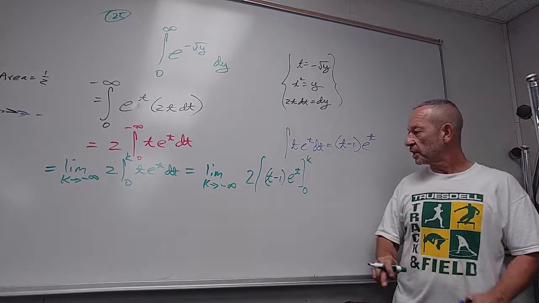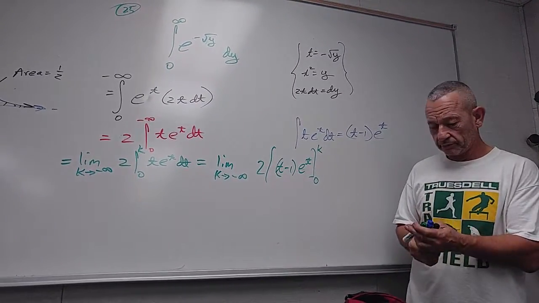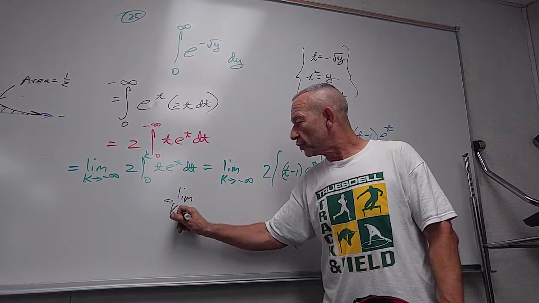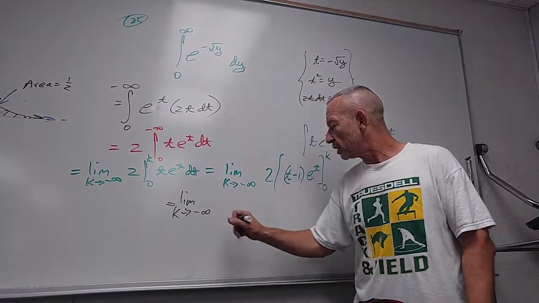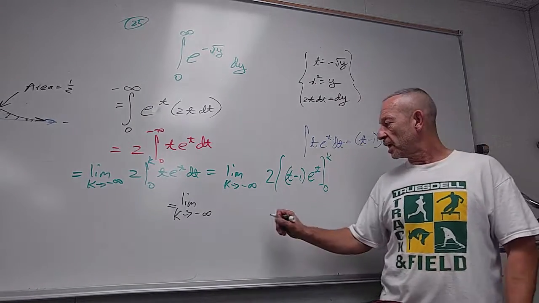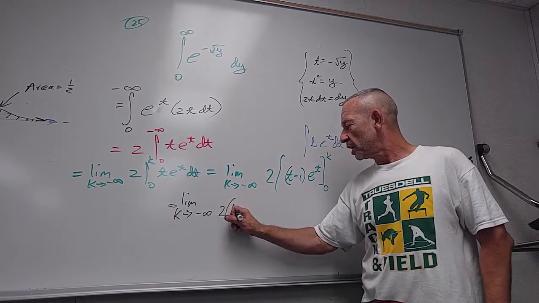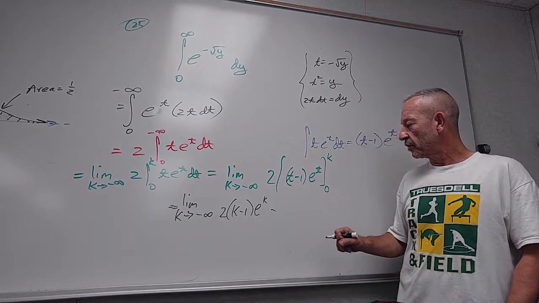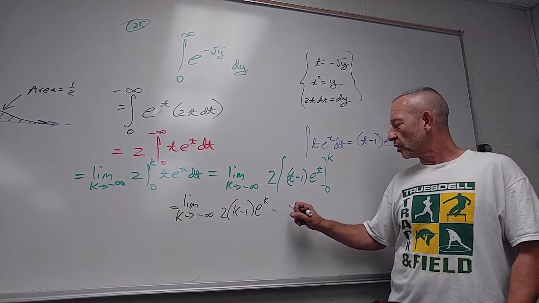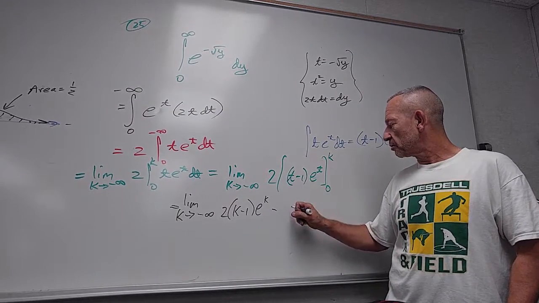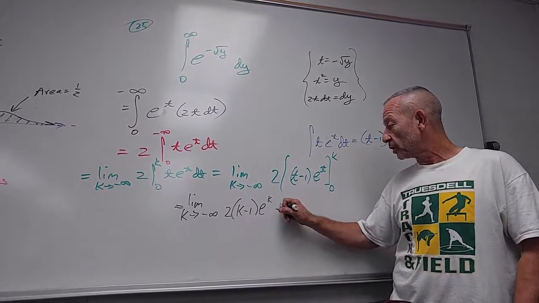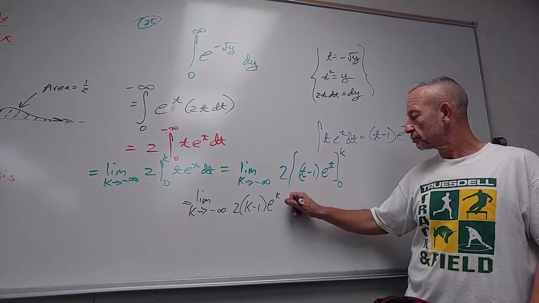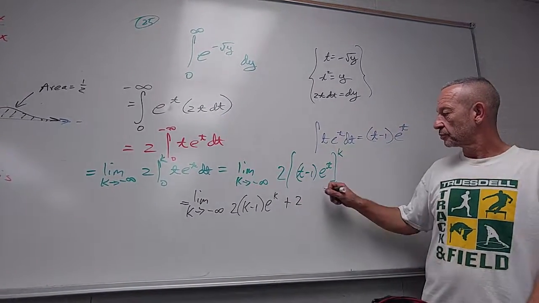So now let's plug in k. If we plug in k, we get 2, k minus 1 e to the k, minus, and when we plug in 0, we get, well, minus a minus, we get plus 2.